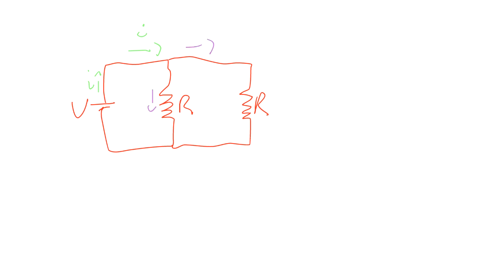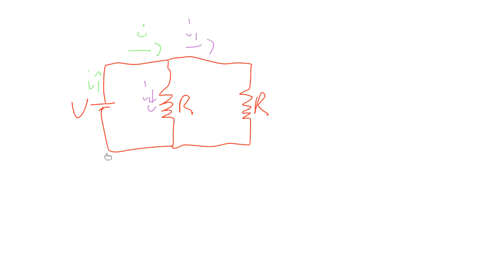Call this I1 and I2. So that's what's going on with the circuit, basically. And this is wired in parallel. Again, it's wired in parallel because at the junction, each resistor ends at the same place. They both connect to the positive and negative end of the battery and to each other.